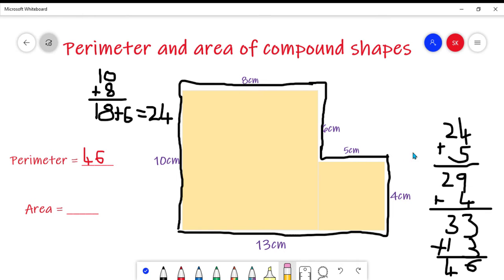Then again add 5, 29, add 4, 33, add 13, 46. It's always better to check just in case you might have missed one. And also here we know where to stop since we've drawn a line around.